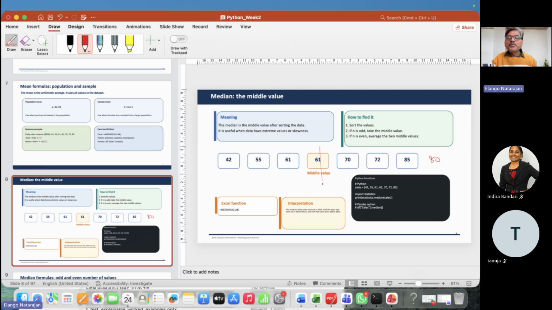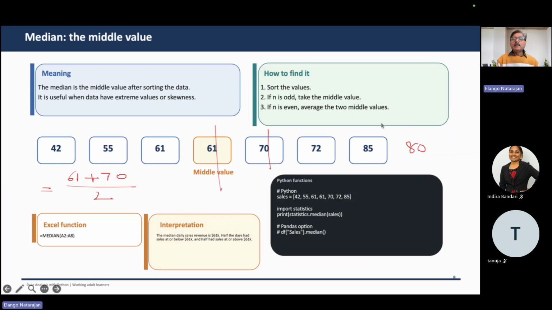So what we do is consider the fourth number and fifth number and then take the average of them. 61 plus 70 over 2 will give you the median value. That's your answer. So median is the term we use when we work with numbers. Okay, all good. I'll move on to the next.